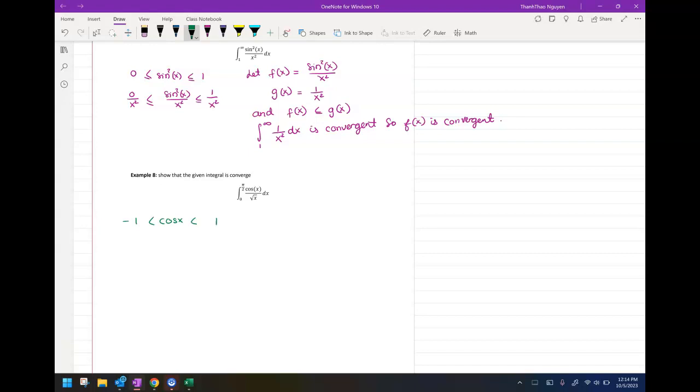So then here I have -1 over square root of x less than or equal to cosine of x divided by square root of x, less than or equal to 1 over square root of x. Then f of x is less than or equal to g of x in this case.